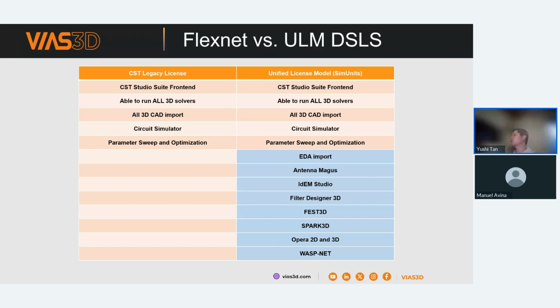So like I mentioned a little earlier, ED import token, Antenna Magus, EDM Studio, Filter Designer 3D, Fest 3D, Spark 3D, Opera 2D and 3D, all together. And on top of that, WASP.NET. So you have access to all these front ends with the same SRU tokens scheme. So it offers way more flexibility in the type of jobs that you can run.